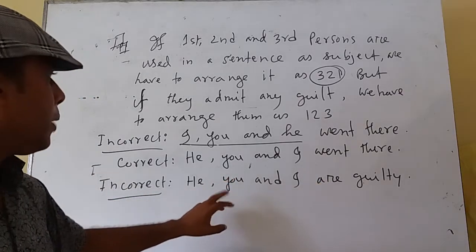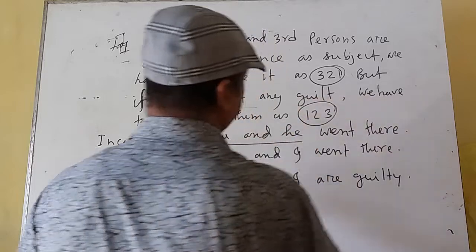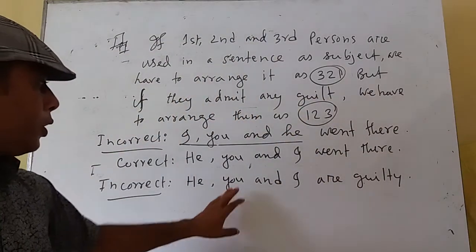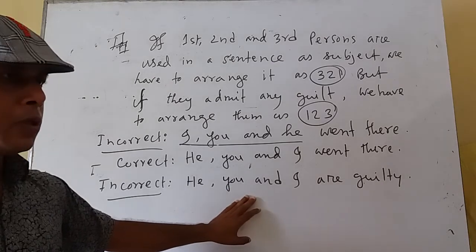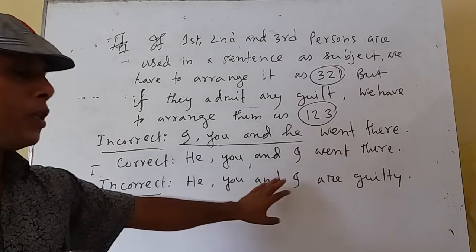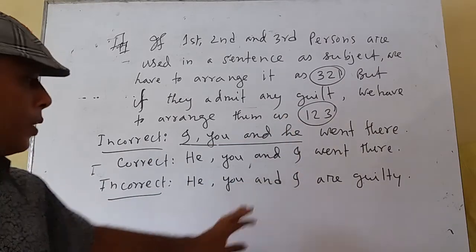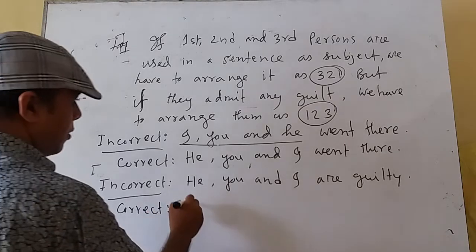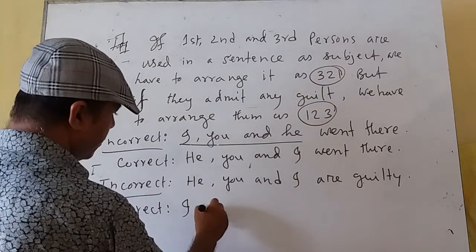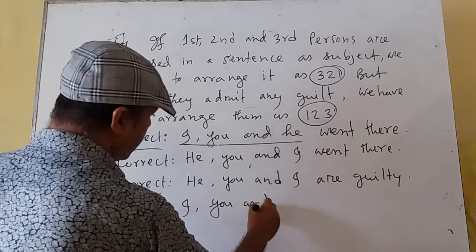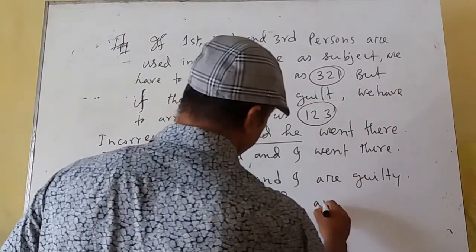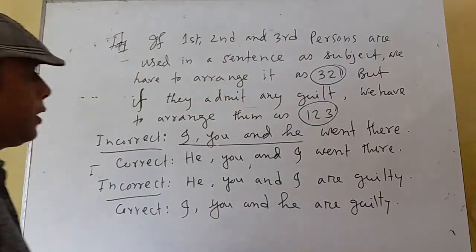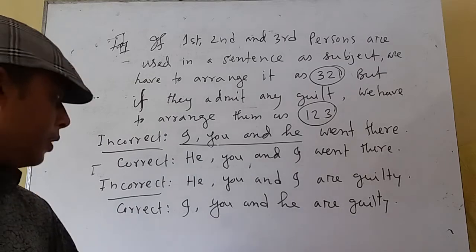That means we have to use here first person first, then second person, then third person. But the pronouns used here are not in that way, so it is incorrect. So we have to correct it: I, you, and he are guilty. I think you have understood it.